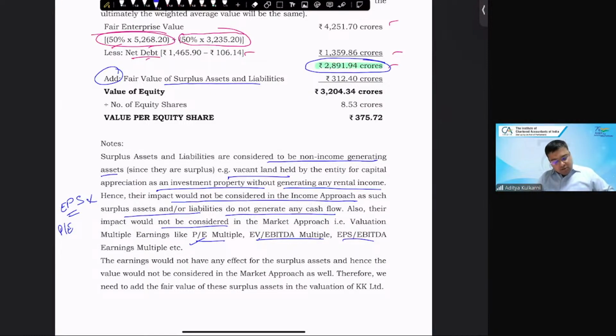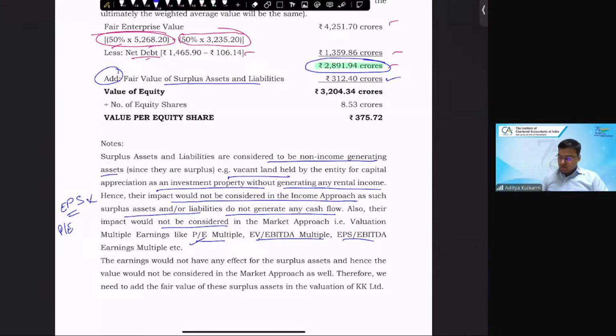When you are transferring a share, you are not transferring only income generating assets or liabilities. You are gaining control over the entire assets and liabilities, including those which do not generate any income. Yes or no? Yes, sir. And therefore, I will be adding it separately, 312.4 crores. Any doubts here?